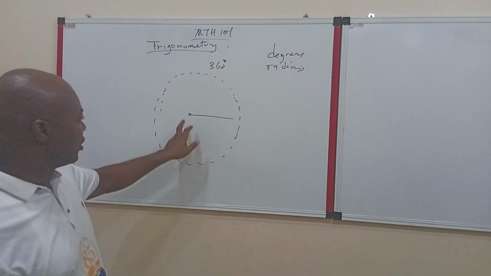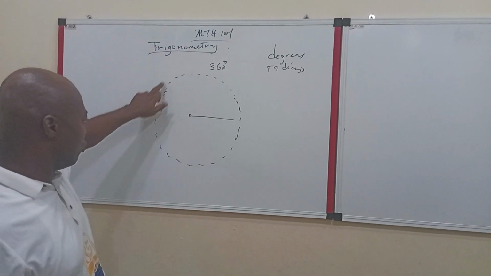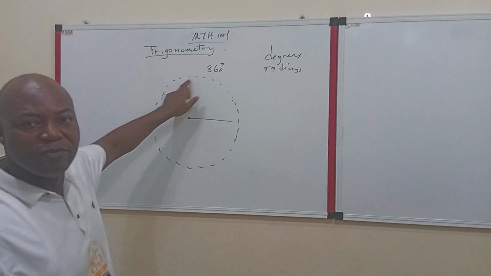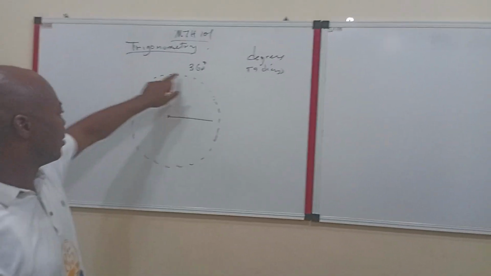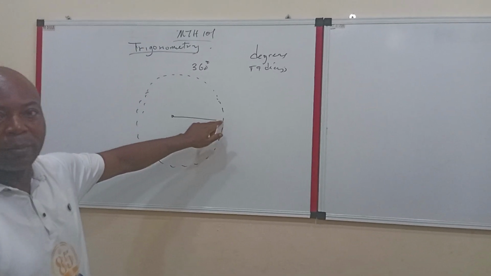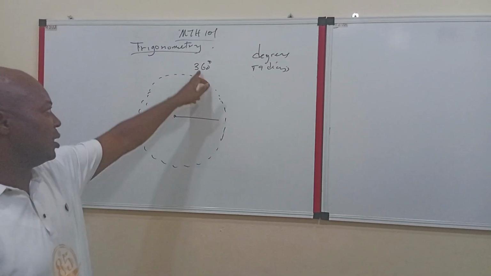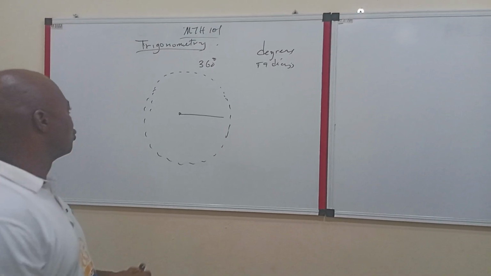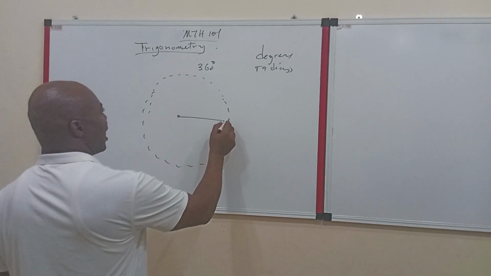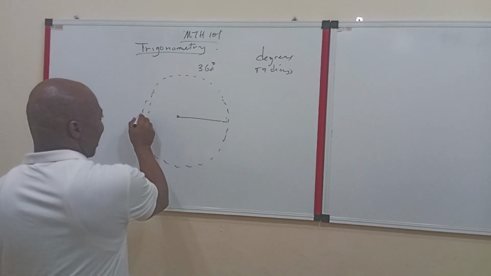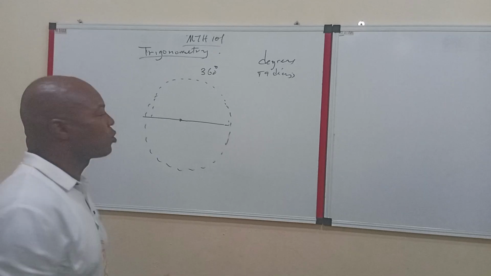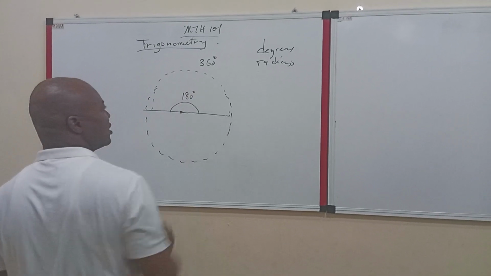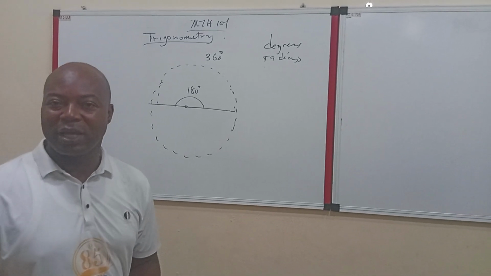If it moves from its starting point back to this point, that's a complete revolution. Then if it starts here and comes to this place, half of it, that means it has subtended 180 degrees.